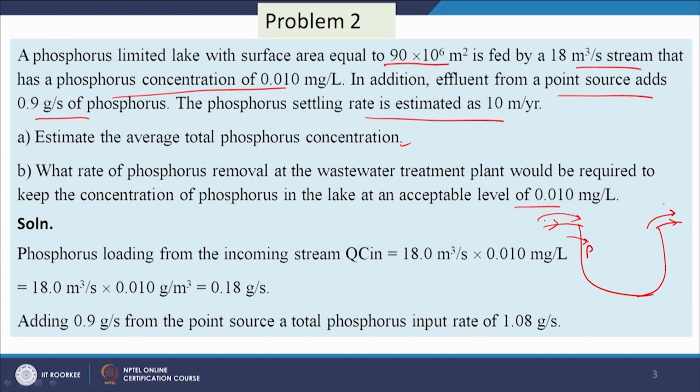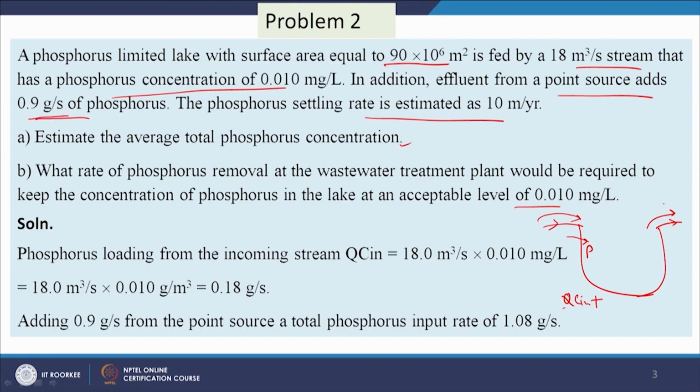For the sum of input, Q is the flow rate and C in is the concentration of phosphorus, and another source is here, that we have to calculate. It is already given as 0.9 gram per second.